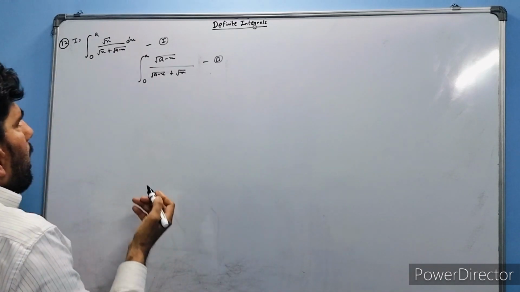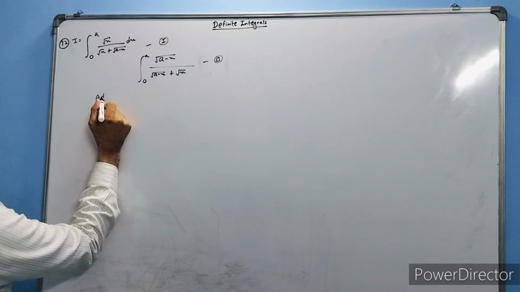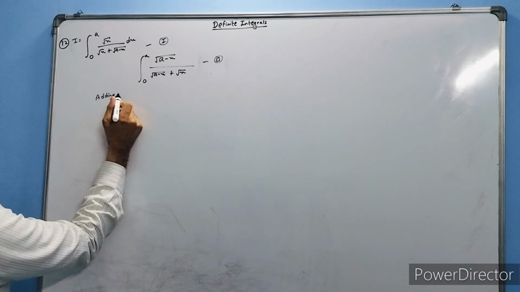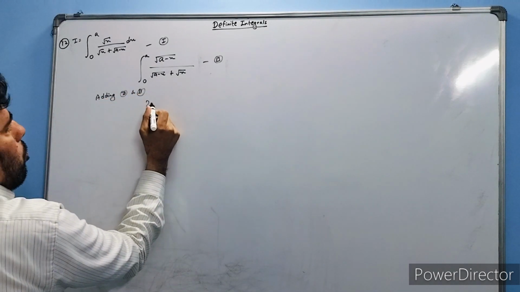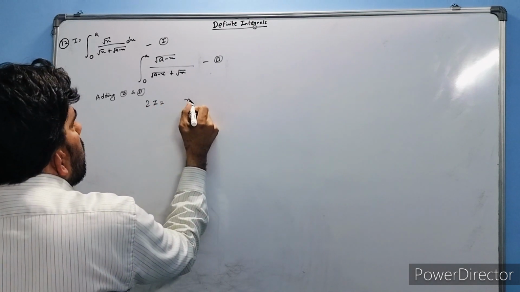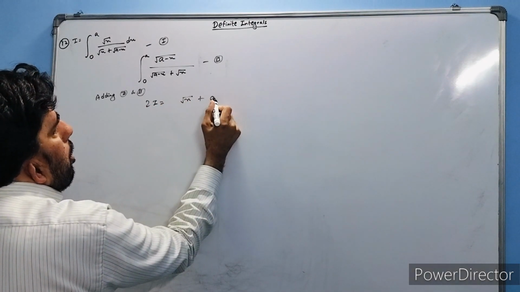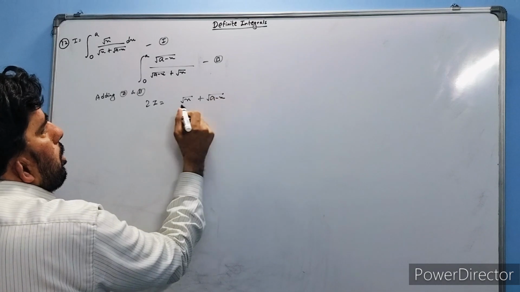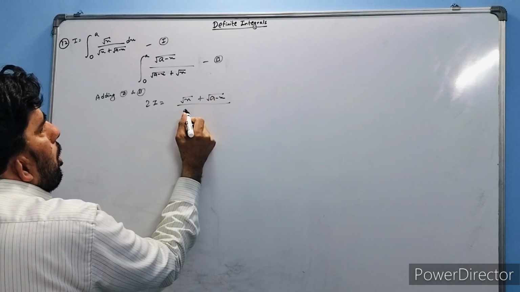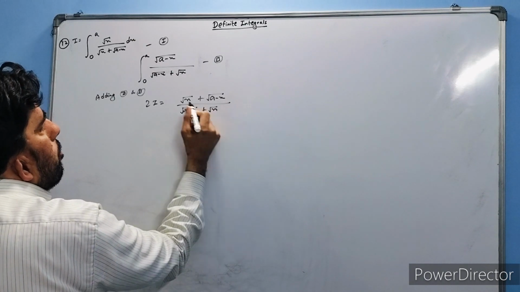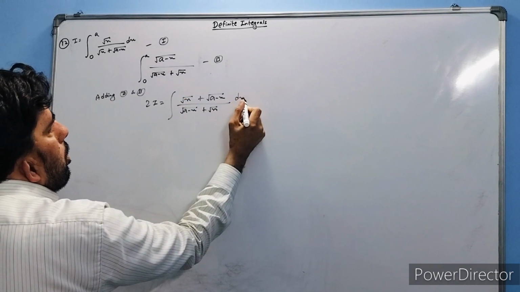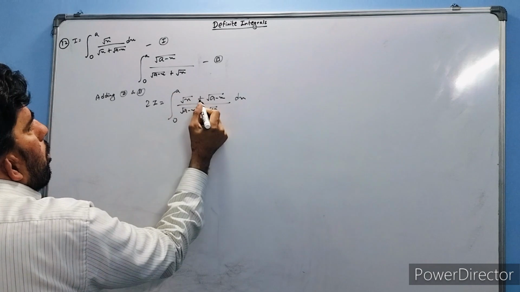Now if I try to add, what will happen? Adding first and second, what will we get? 2I is equal to root x plus root a minus x upon root a minus x plus root x. Same we have here. Okay, 0 to a, what will happen?